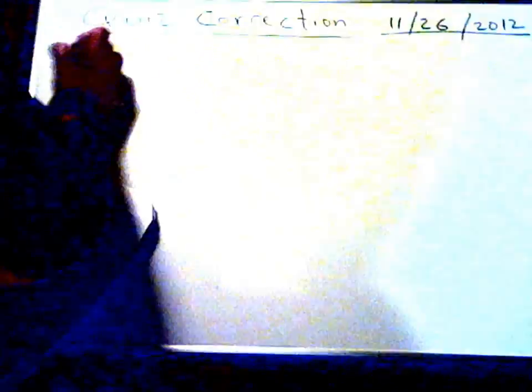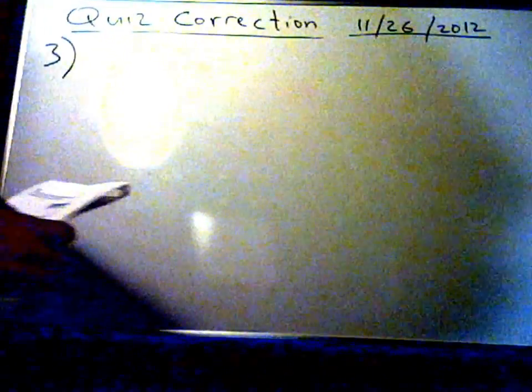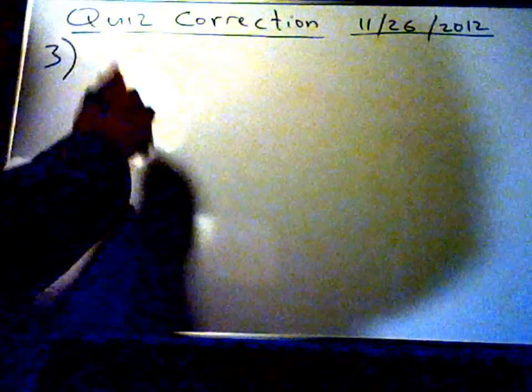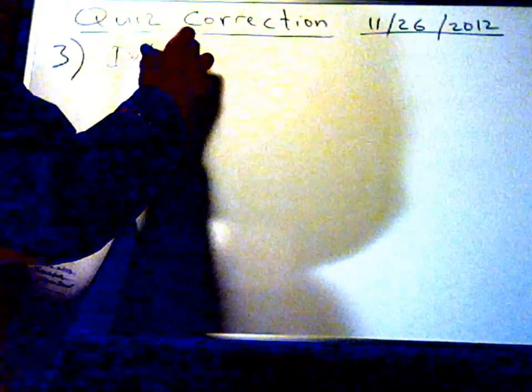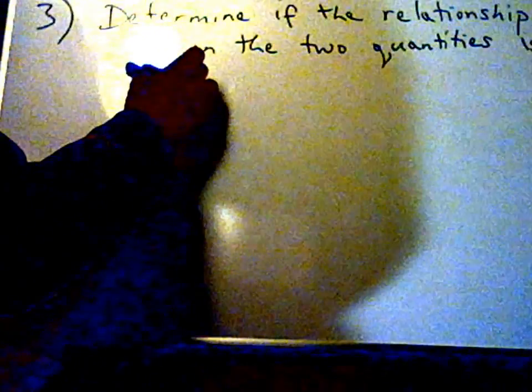Number 3 has another table. This time we are talking about a pizza recipe. You are told to determine if the relationship between the two quantities is proportional.